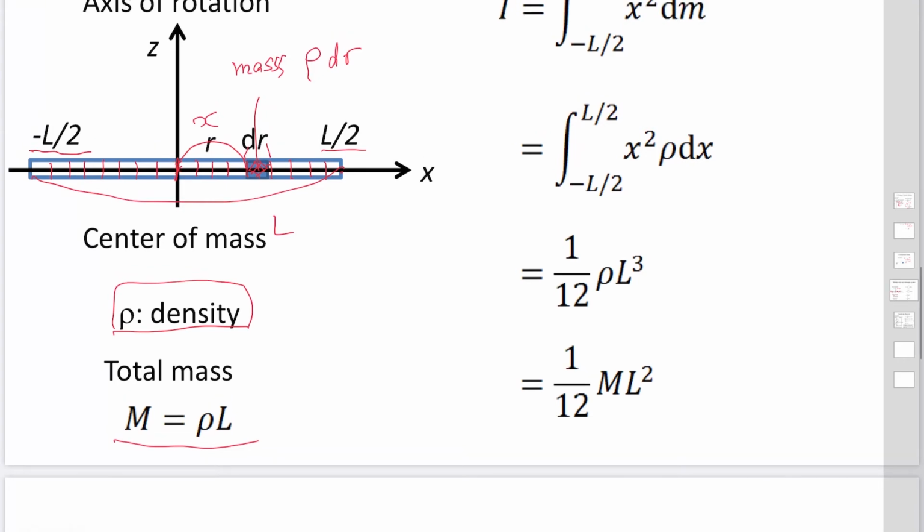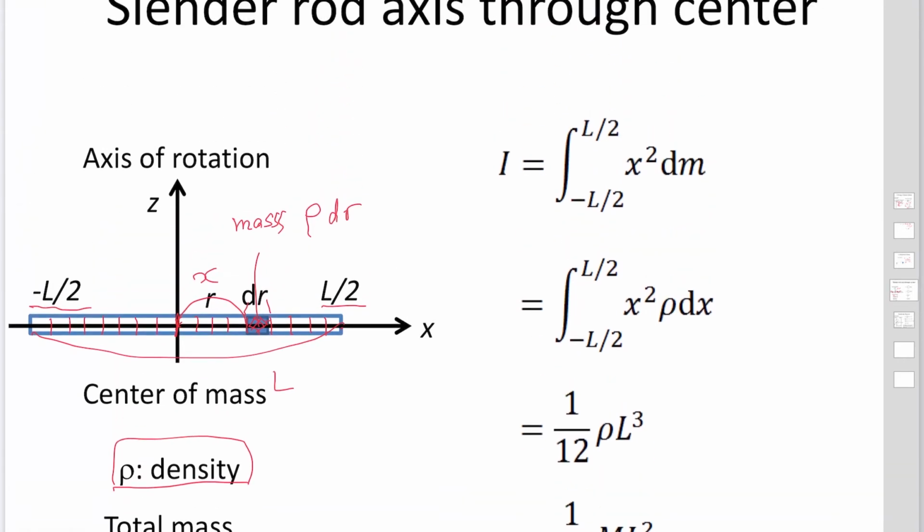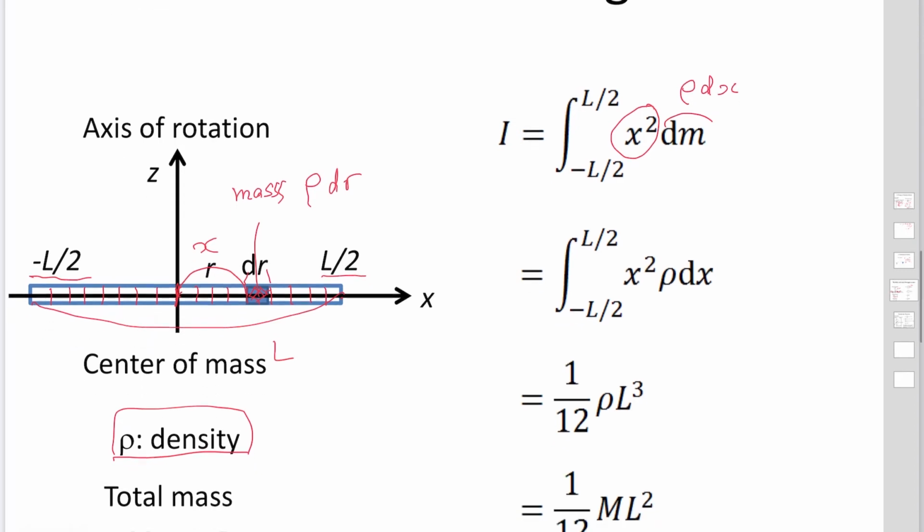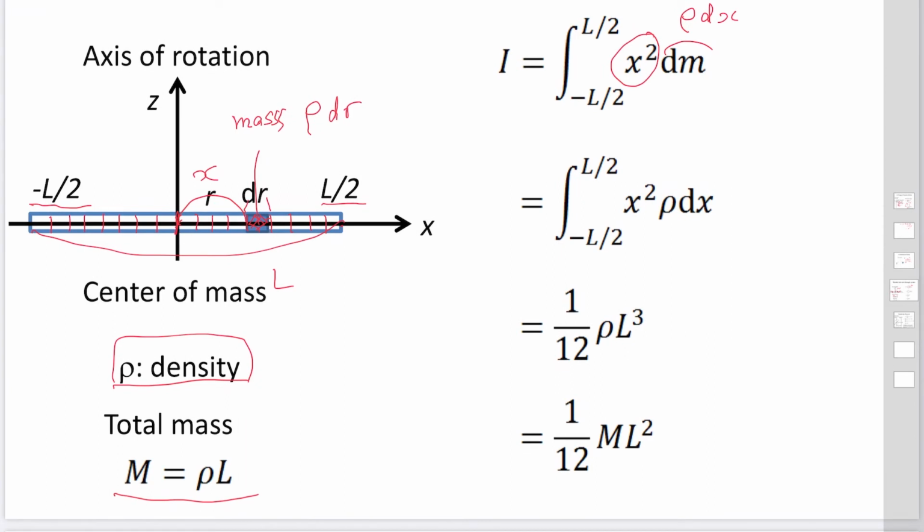So the moment of inertia can be calculated: x squared times the mass. The mass is rho dx, as I explained. Then you can substitute and perform the integral of x squared rho dx.